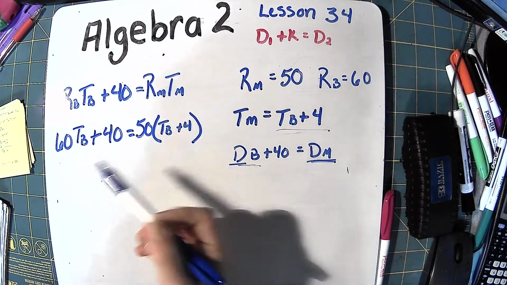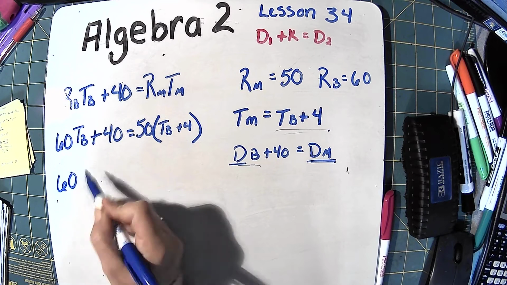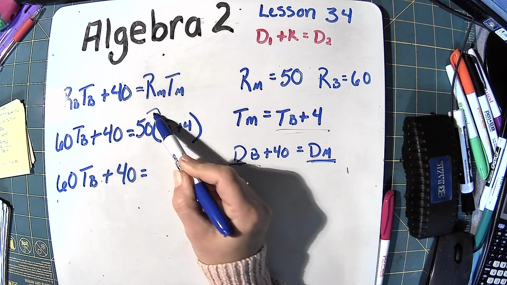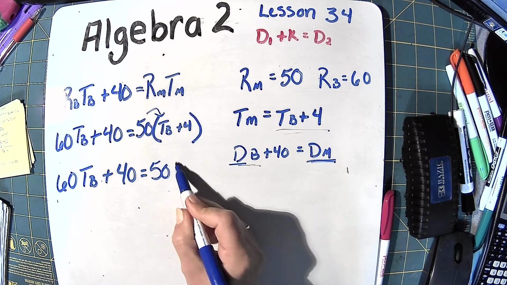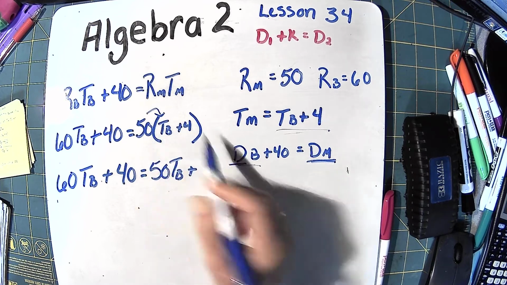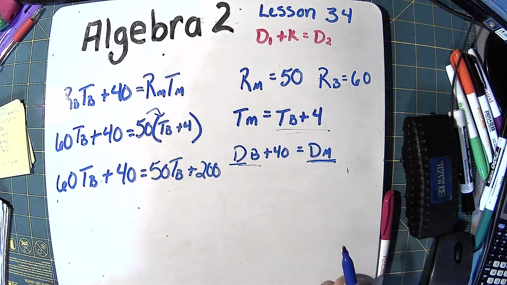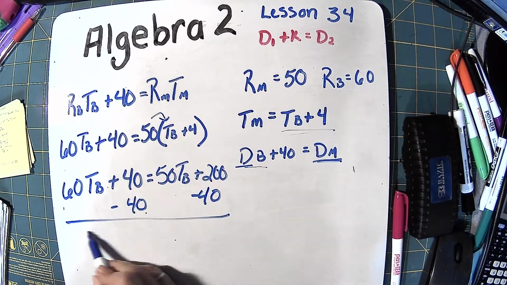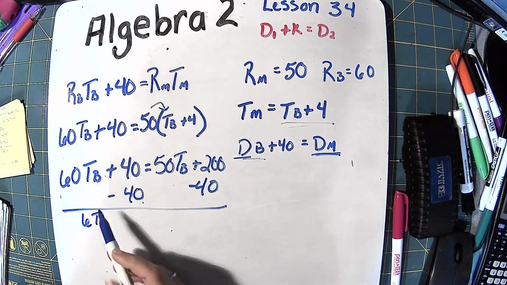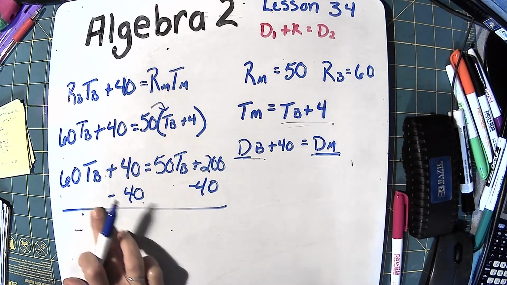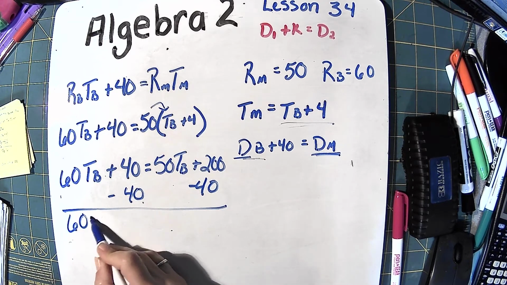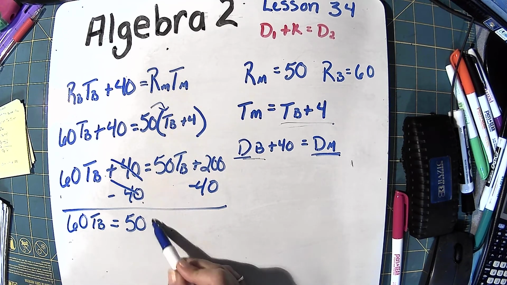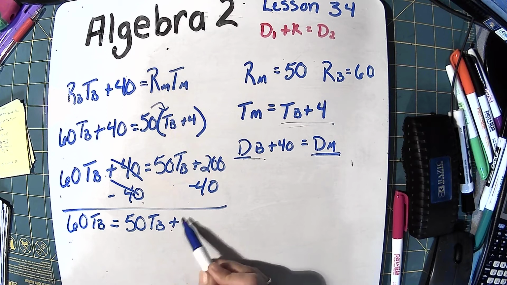So we're just going to bring all this down. Now we've got to distribute that. 50 times 4 is 200. Okay, and now we're going to subtract 40. That gives us 60 TB plus 40 equals 50 TB plus 200, so 60 TB equals 50 TB plus 160.